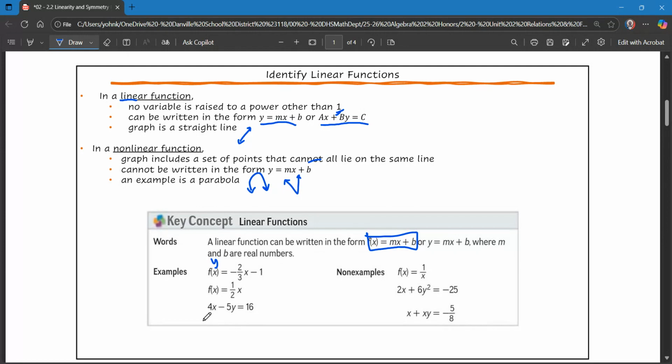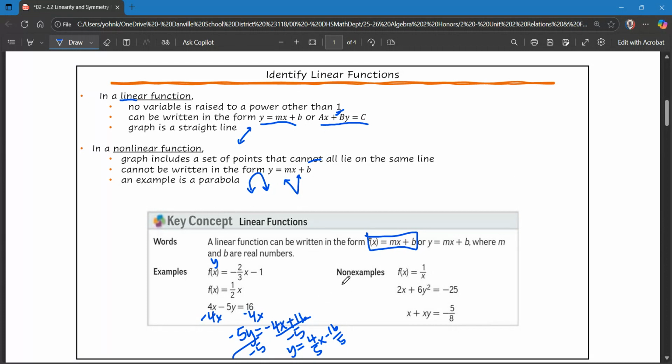If you were to solve this other equation by subtracting 4x and then dividing by negative 5, we can also write this one as positive 4/5 x minus 16/5. So it is able to be written in y equals mx plus b.